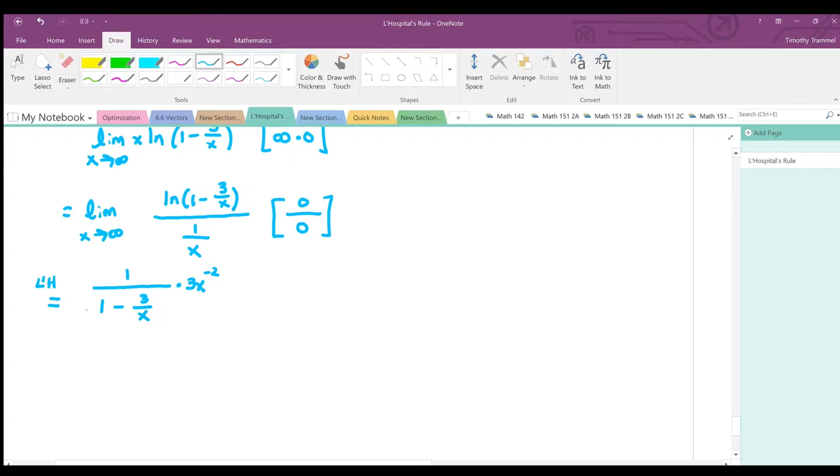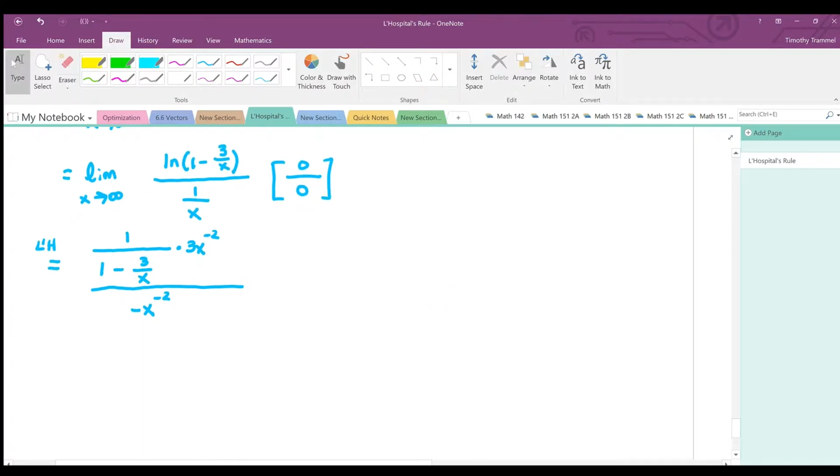All right, so there's that. And then we want to take the derivative of the 1 over x. And again, remember, 1 over x is just x to the minus 1. So if you take the derivative, we should get minus x to the minus 2. Now, the next thing we could do is note here that these x to the minus 2's are going to cancel, or you could do a little bit more simplification.